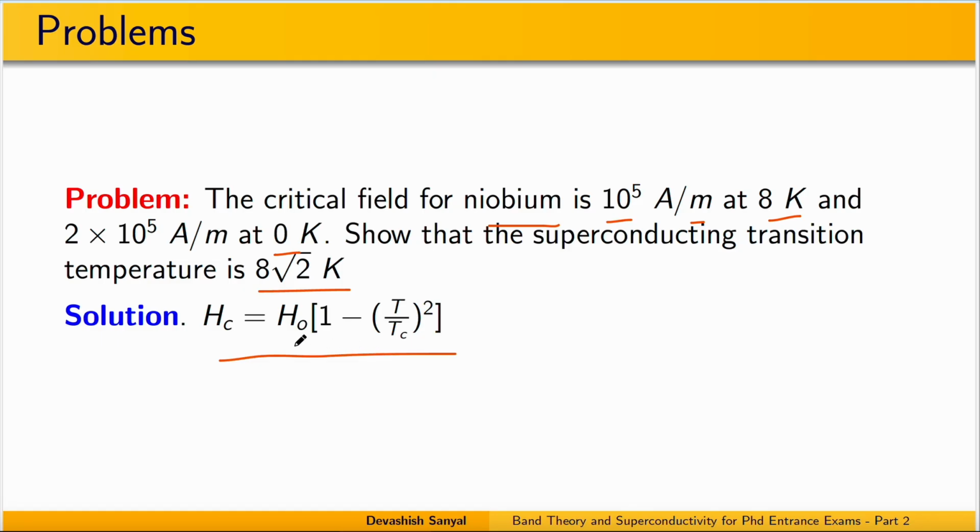Critical field is the field above which superconductivity is destroyed at a particular temperature. So at a particular temperature, when we have superconductivity, if the field exceeds that critical field, then the superconductivity is destroyed. This is the expression, and you can see from here H0 is the critical field at T equal to 0.